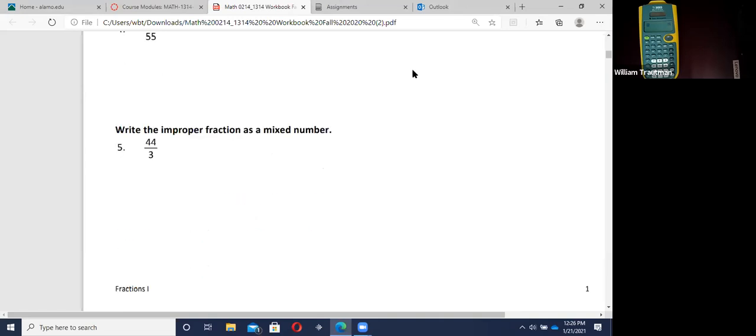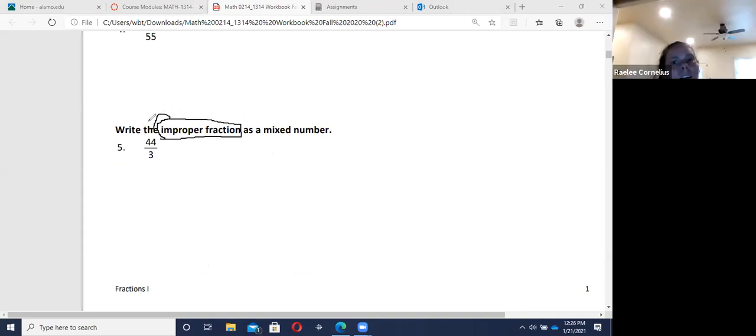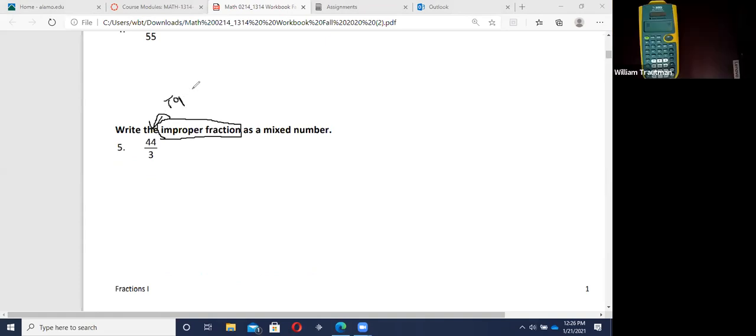All right, so next, write the improper fraction as a mixed number. Can somebody tell me why it's an improper fraction? What makes it improper? Is it because the top is bigger? Yes, the top is larger than the bottom.